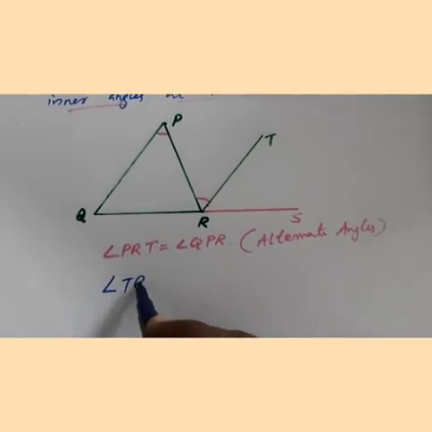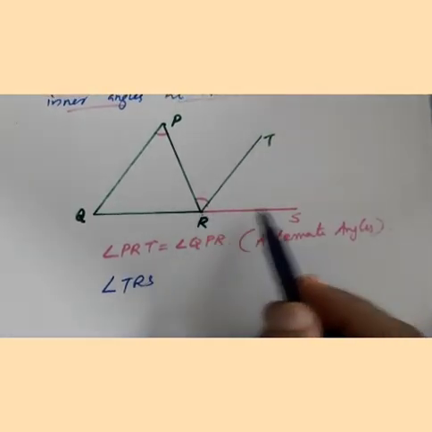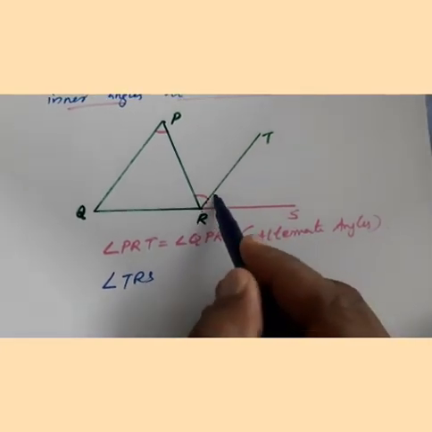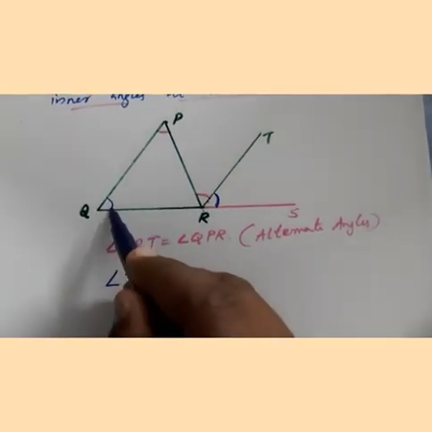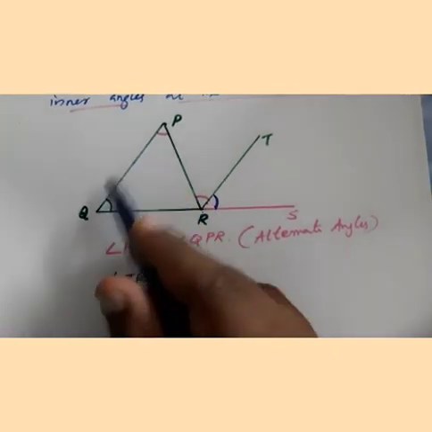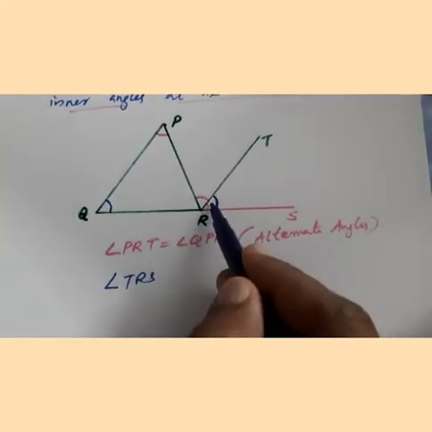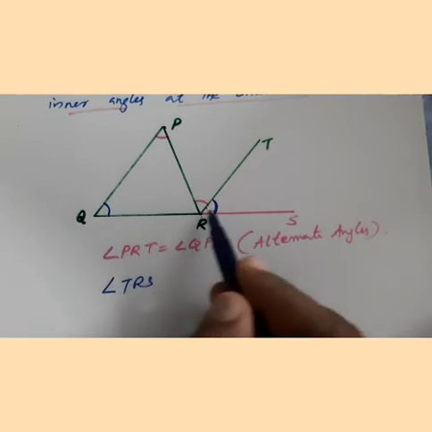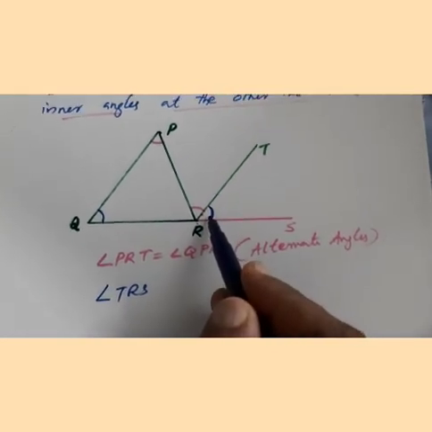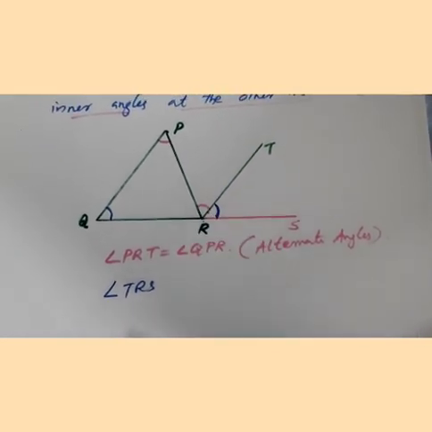Next, angle TRS. This angle and this one. If these two are parallel lines, what about these two angles? They are corresponding angles and are equal.